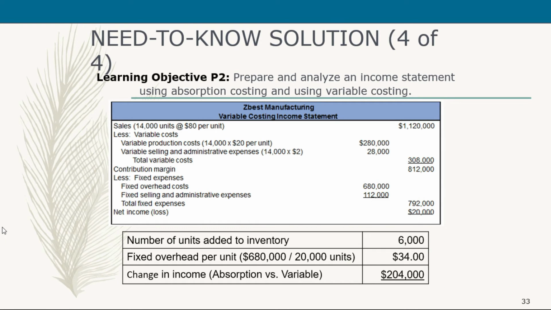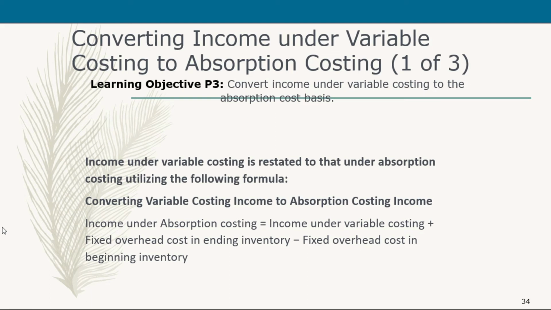Okay? Please do remember that income under variable costing is restated to that under absorption costing utilizing the following formula. So you can use this formula, guys, on how we can convert the variable costing income to absorption costing.